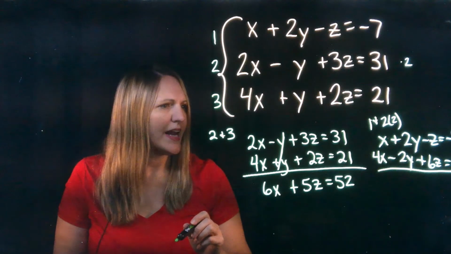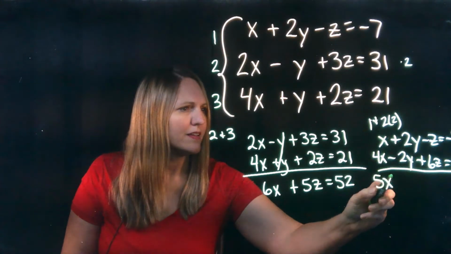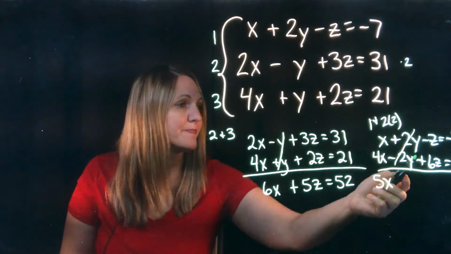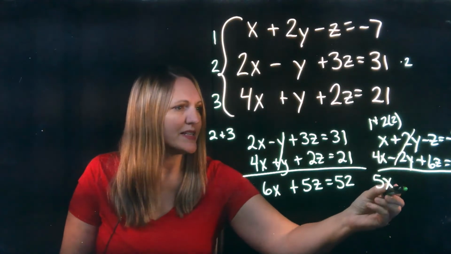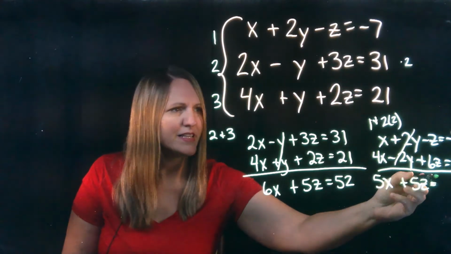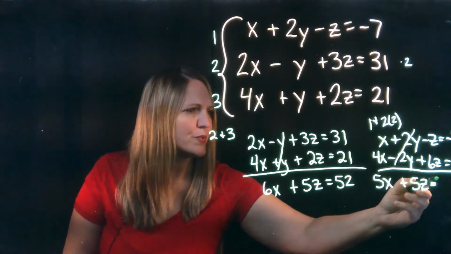So now I can add those together. I have 5x, then I have 2y minus 2y, which is eliminated. Negative z plus 6z is plus 5z, and I know you can't see this, but over here I have negative 7 plus 62, which will give me 55.